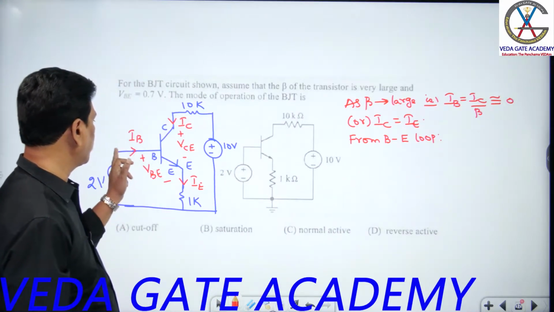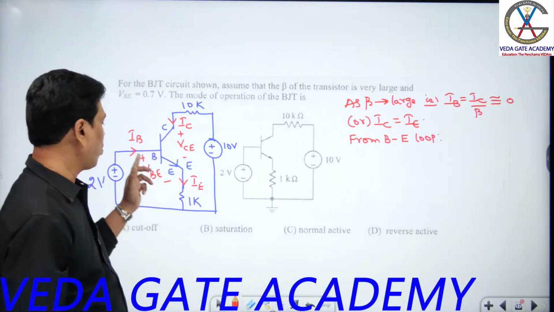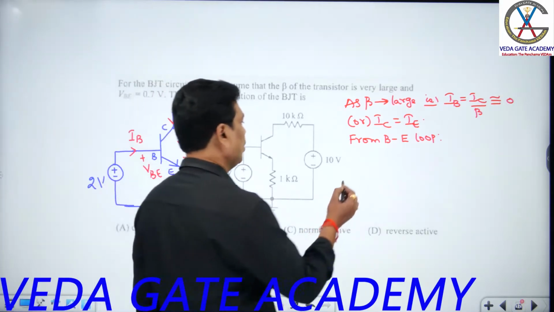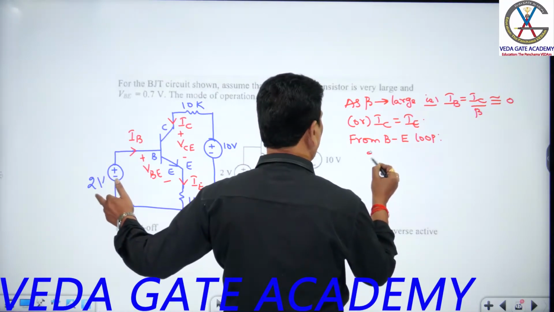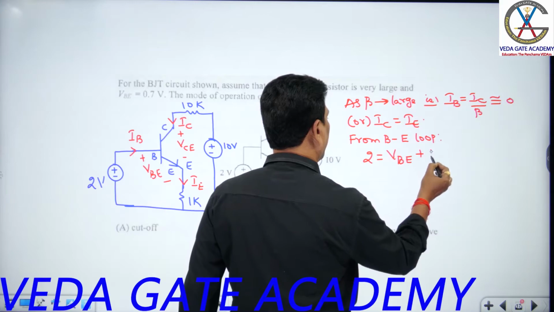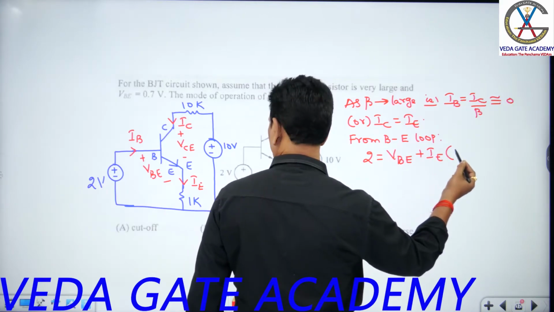Supply is 2 volt, students. Here no resistor is there, no drop. So here the drop is VBE, here the drop is IE into 1K, students. So from base to emitter loop, 2 equal to VBE plus IE into 1K, students. Okay.